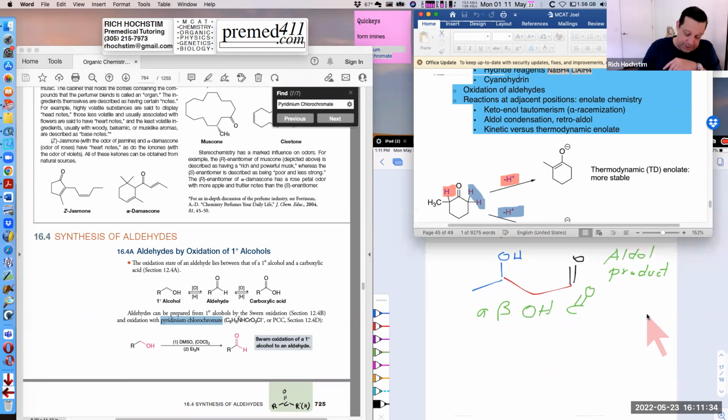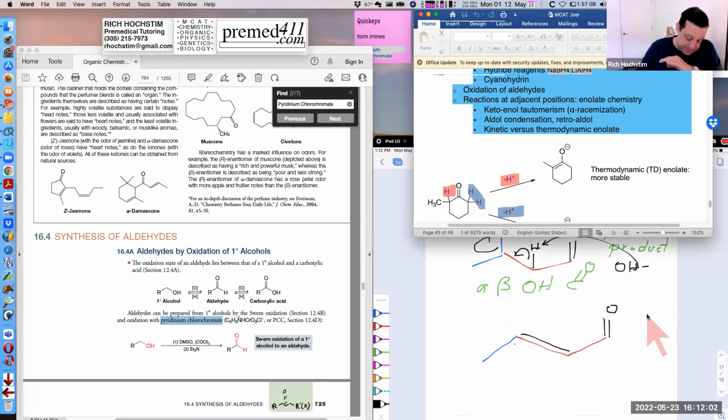And the way that looks is essentially the OH minus, which is present, grabs this hydrogen, these drop down and this pop up. And then that's going to give us this. And then we have over here a double bond, and then over here a double bond, like that.